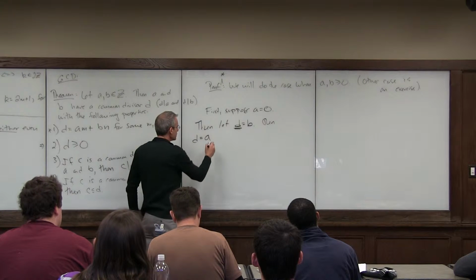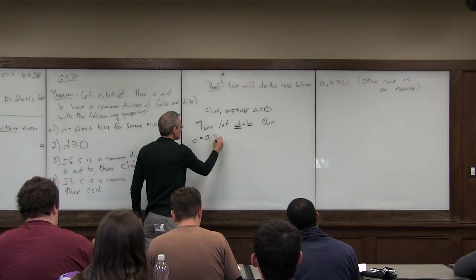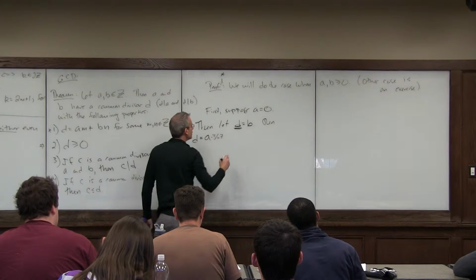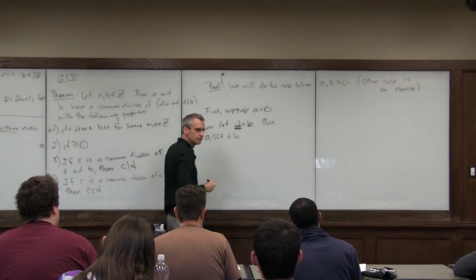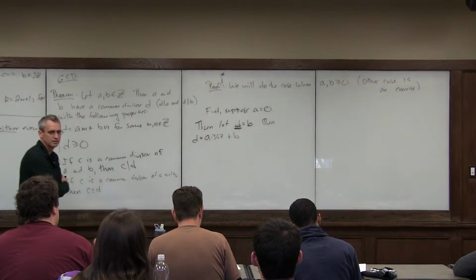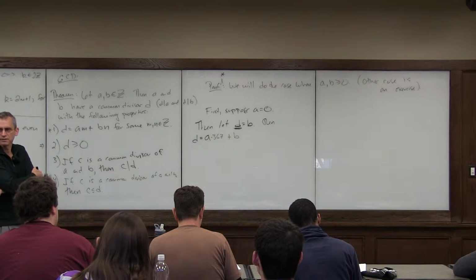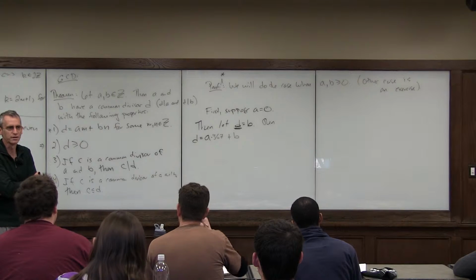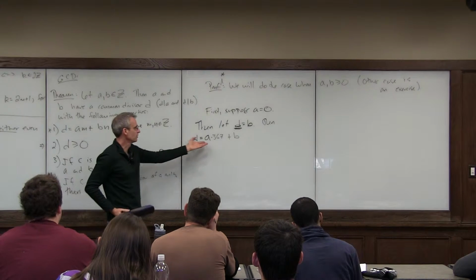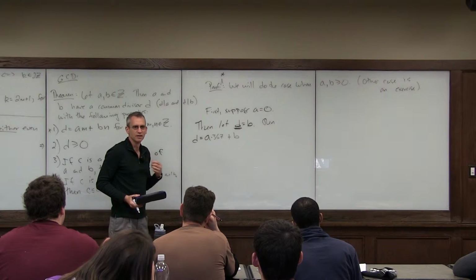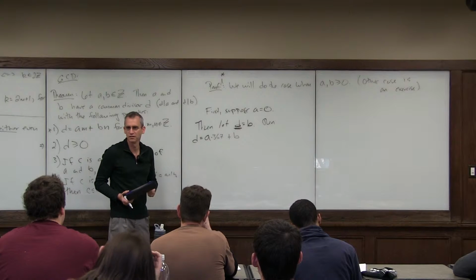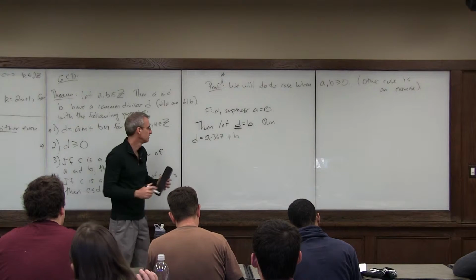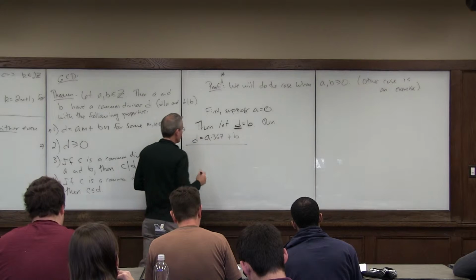You can write that as A times 367 plus B. Why did I pick 367? Just to annoy you, right? Okay, because A is 0, so it doesn't matter what I pick there, as long as it's an integer. Right?